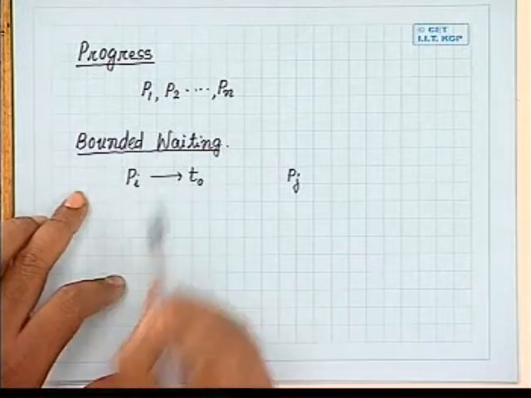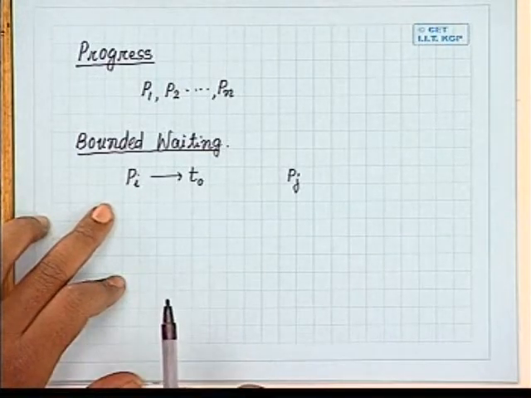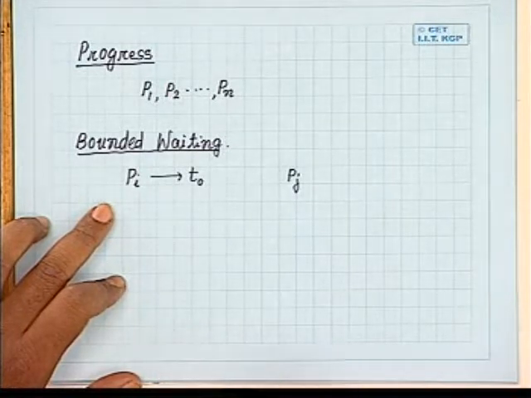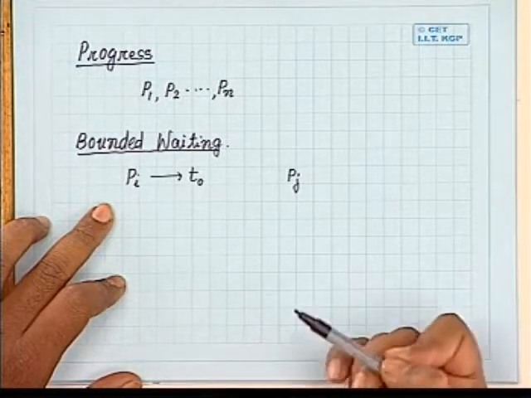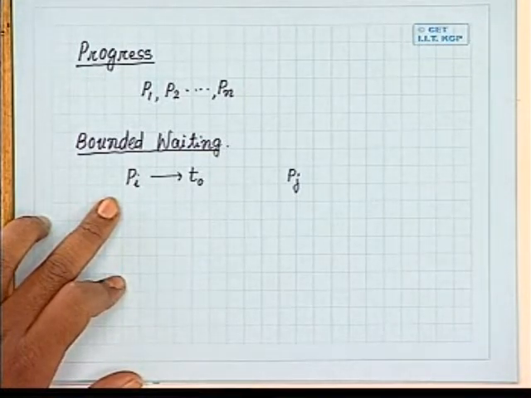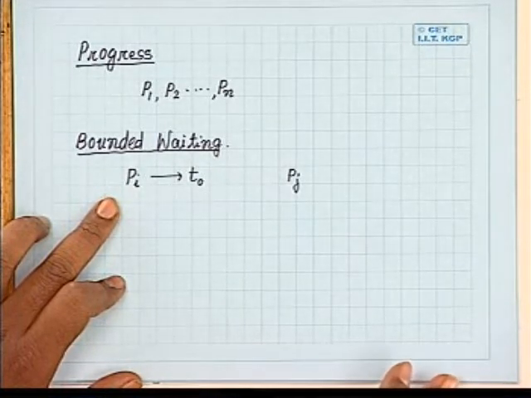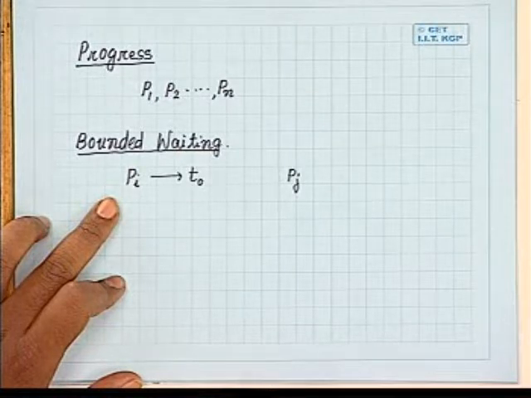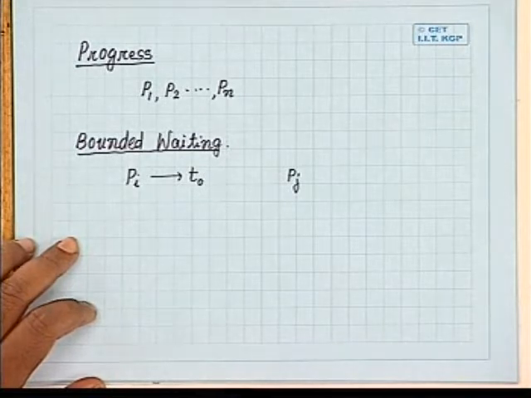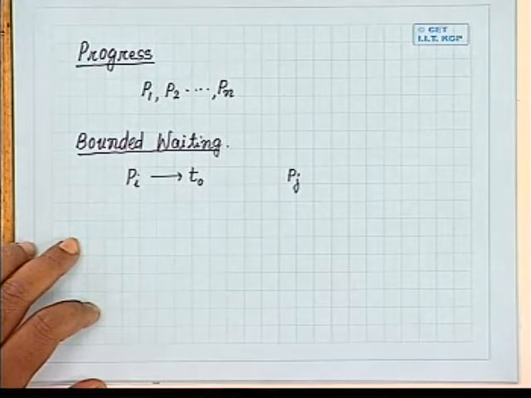So bounded waiting says that when a process Pi puts a request for entering the critical section, the number of other processes who can enter the critical section before Pi gets the entry must be bounded. That is, a process should not wait indefinitely to get entry into the critical section. So these are the three requirements of any solution to a critical region problem.